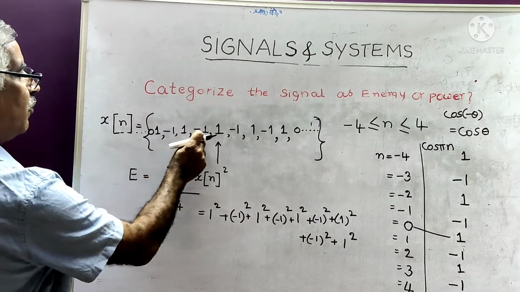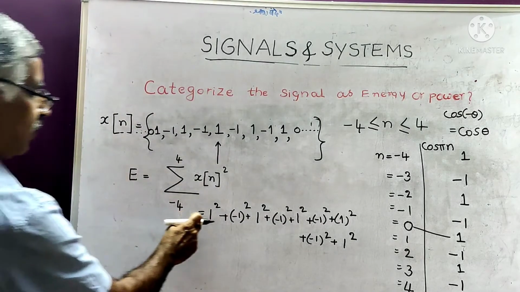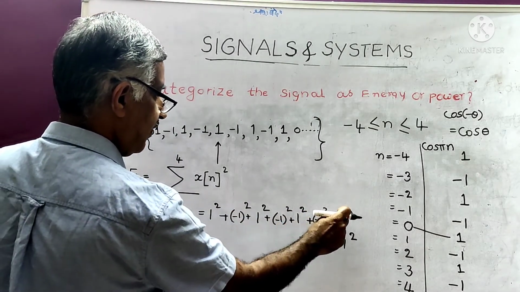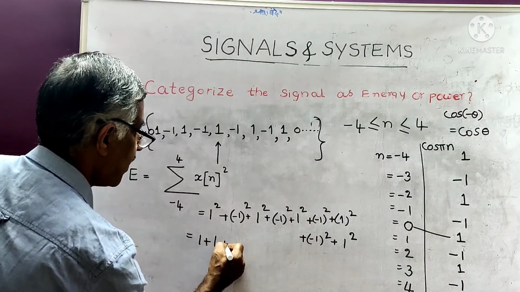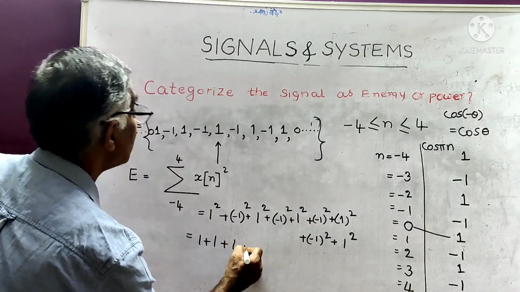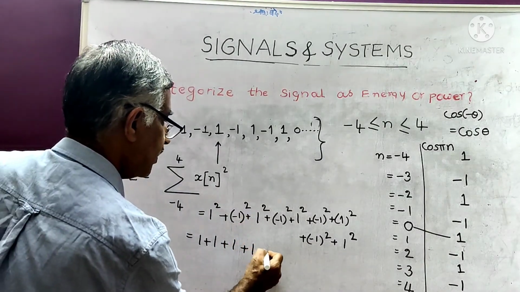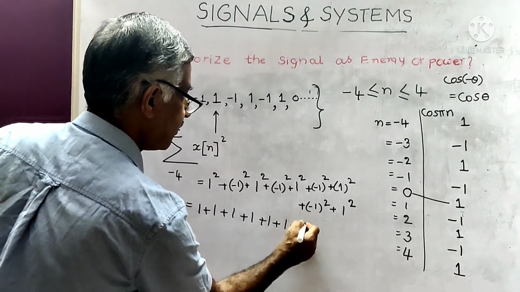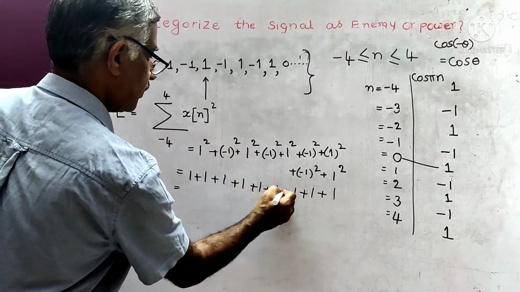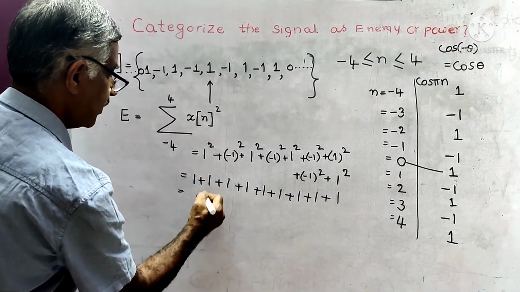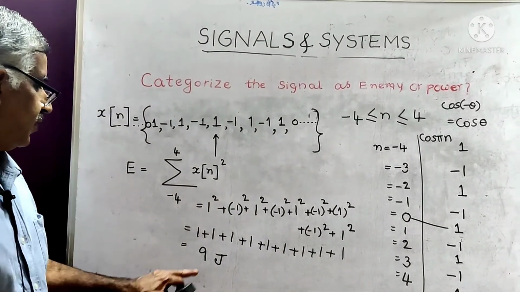Totally 9 terms, which equals 1 plus 1 plus 1 and so on, nine times, equals 9 joules. So this is how we find energy.